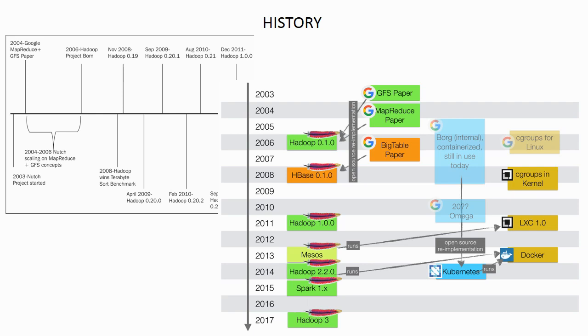The development of distributed file systems started earnestly around 2003. There was a project called Nutch.